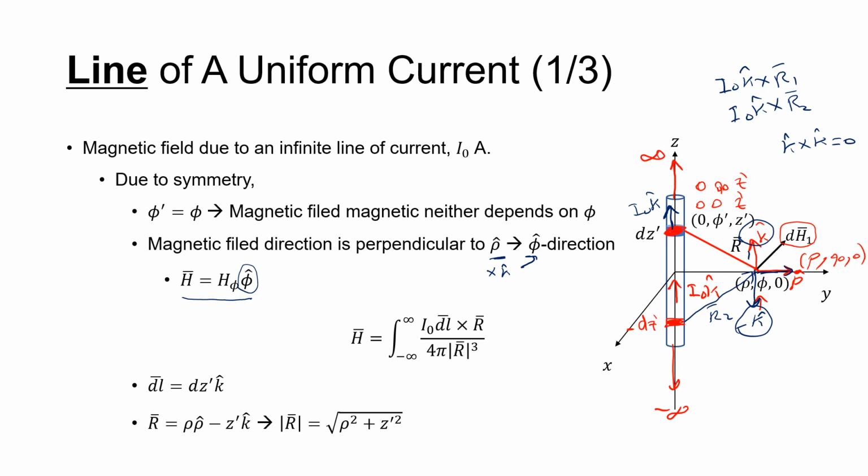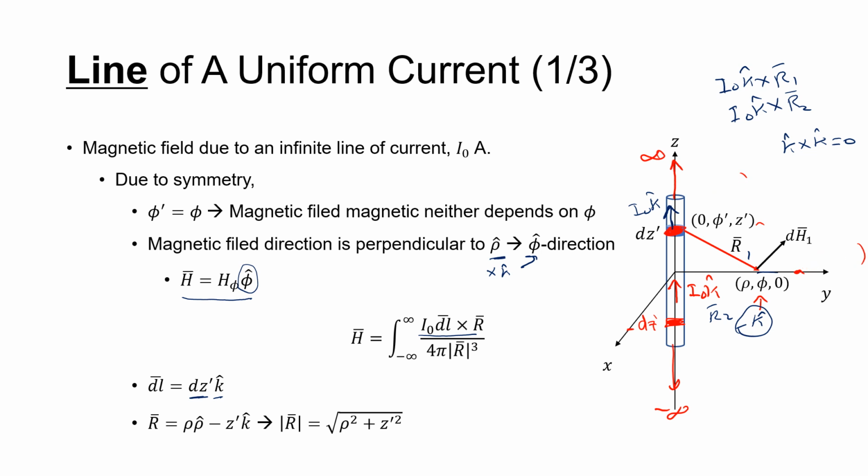Now I apply the Biot-Savart law. Then I have I naught dl cross r over 4 pi r cubed. My dl here, as we said, is dz dash in the direction of k, and for r, I just subtract these two points.